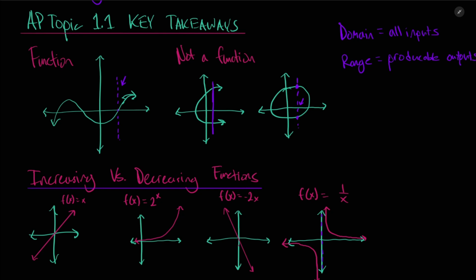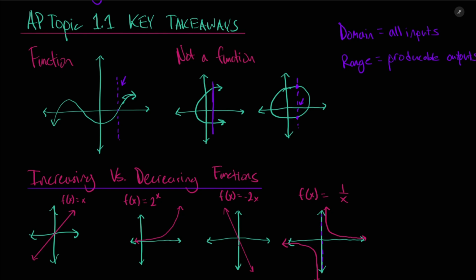And then domain and range. These are terms you're going to see for the rest of your life in math. Domain is all the possible input values that you can plug into this function. Those are all the possible inputs that it can take.